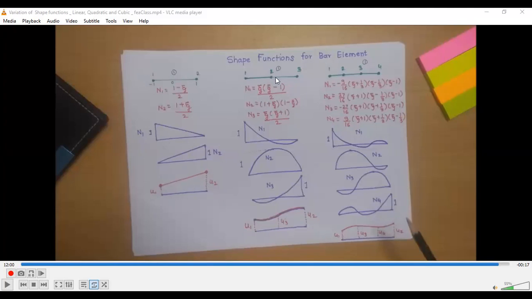If you take 3 nodes like this, I think they are referring to this epsilon naught as the strain, so that means x over L. Then you will have 3 equations and 3 shape functions. Whatever you see, when these are 0, this is 1, and the summation of these 3 shape functions is always 1, right? So you will have some kind of theoretical displacement like this.